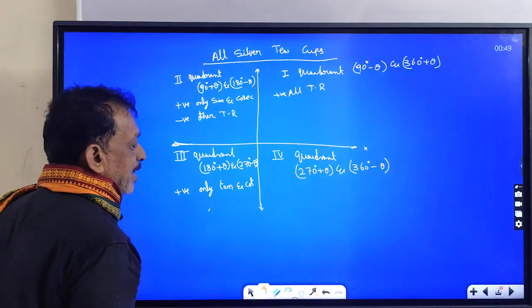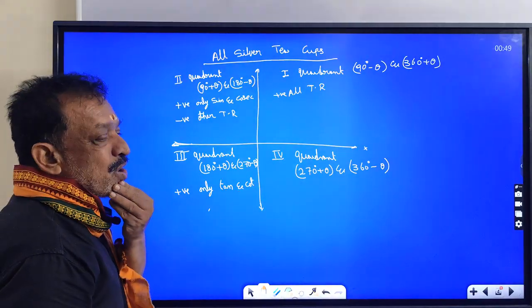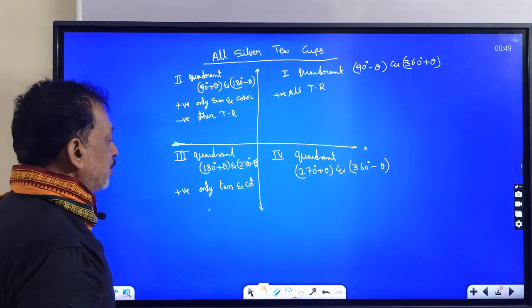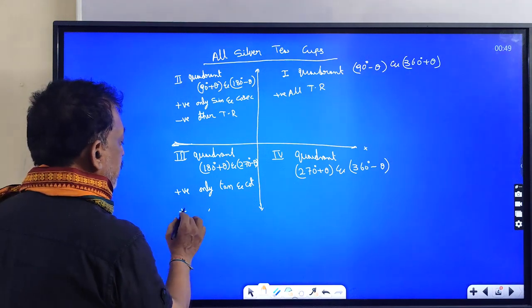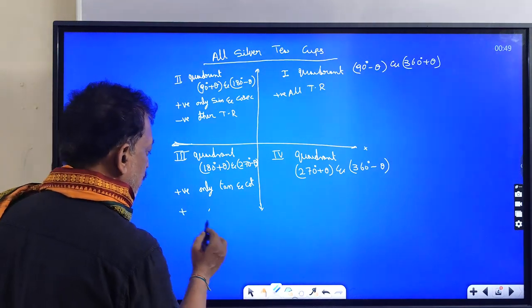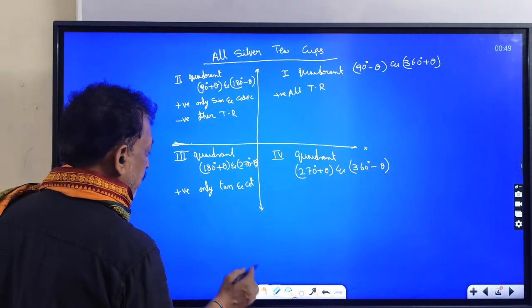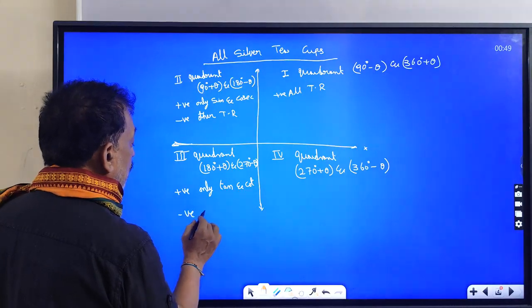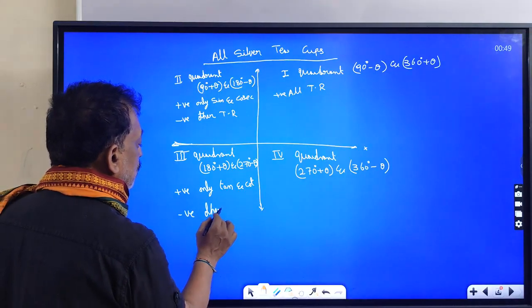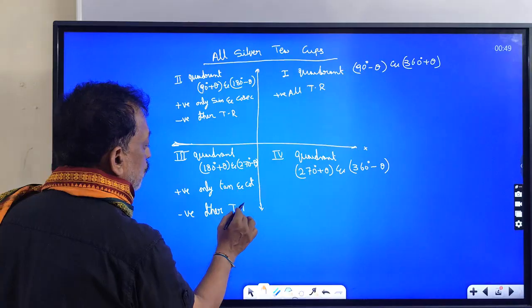Why? Because tan is inversely proportional to cot. Now the remaining trigonometric functions are negative. The other trigonometric ratios are negative, all of you know.